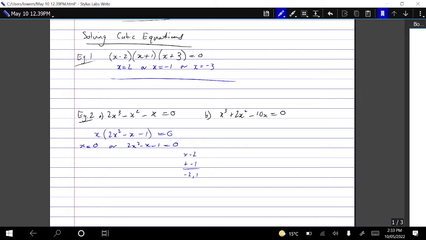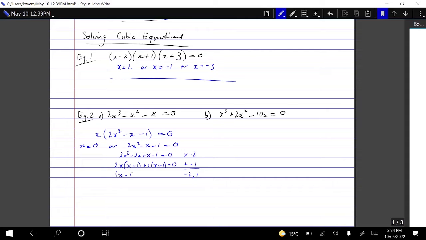And so remember, when we're factorising quadratics that are what we call non-monic, so the coefficient of x squared is not equal to 1, then we split that middle term up. So it would become 2x squared minus 2x plus x minus 1, and then we can factorise by grouping. So 2x outside of x minus 1 plus 1 outside of x minus 1.